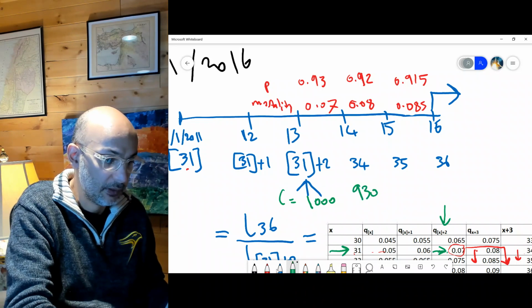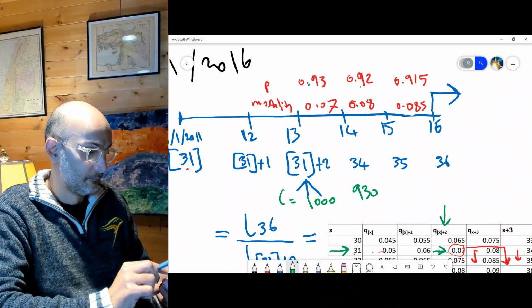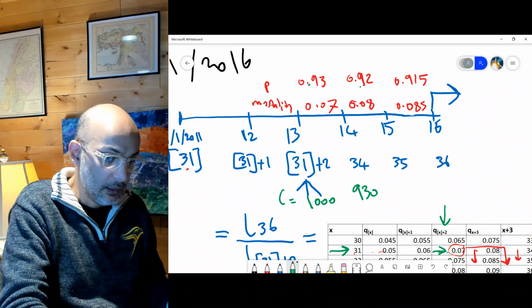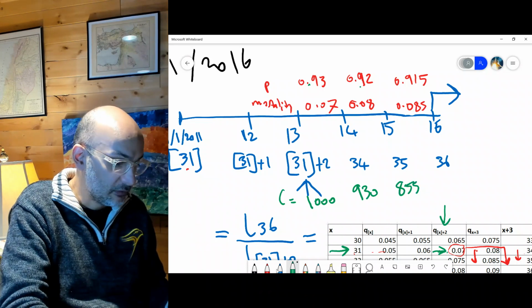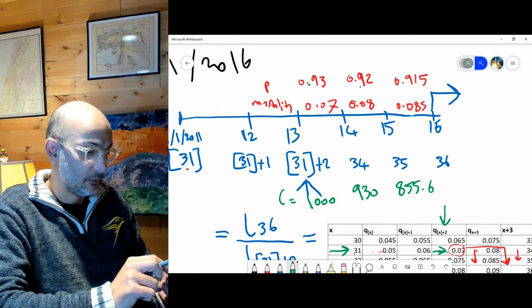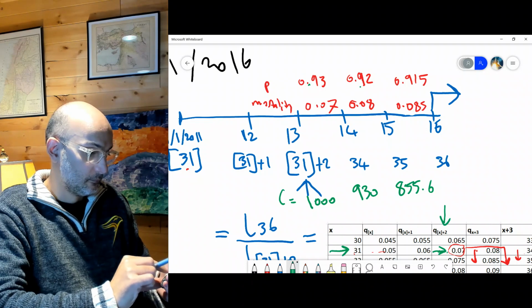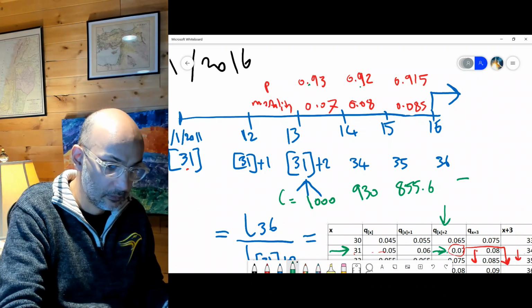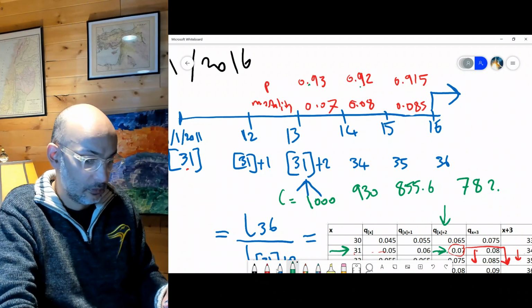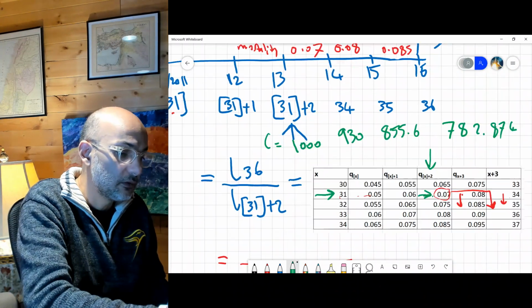Now I multiply it by this, 855.6. Now we multiply it by 0.915. So the answer is simple.